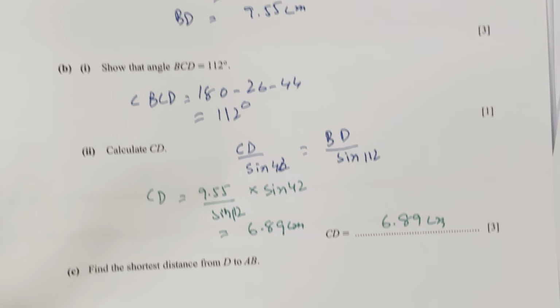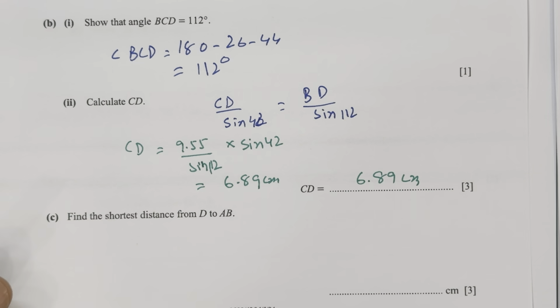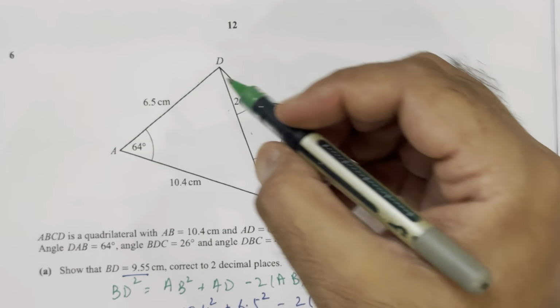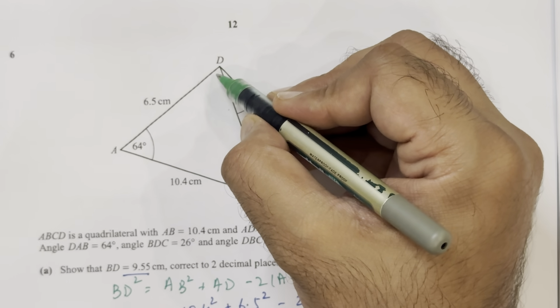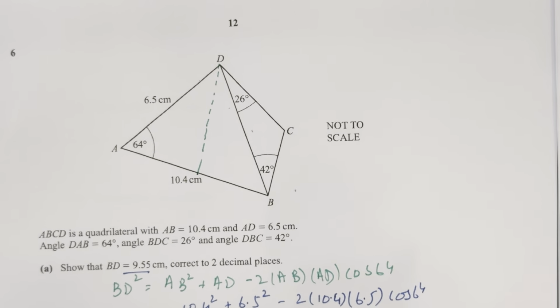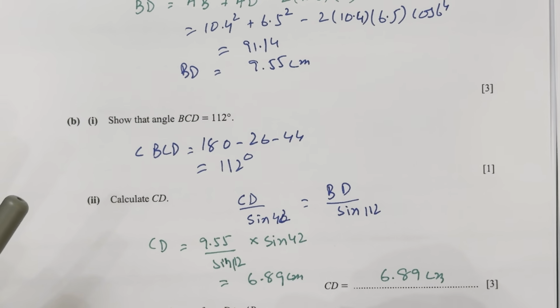Moving to its C part, find the shortest distance from D to AB. Okay, it means we need to find the shortest distance, and shortest distance is always perpendicular distance, like that. So you can draw the diagram over here.